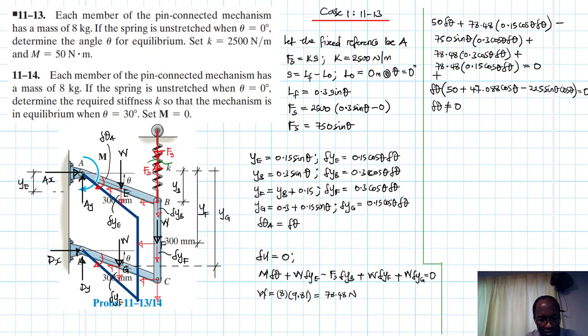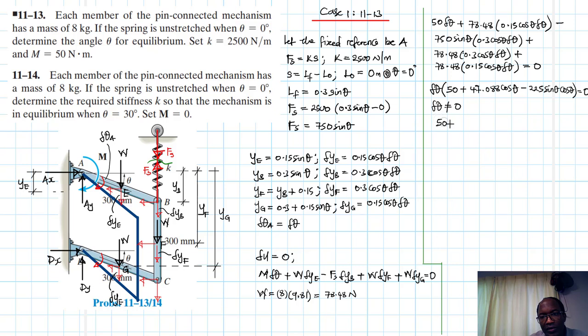Let me just go through this one again. 78.48 by 0.3 by 0.3 by 2, 47.088. Okay, it's fine. So then let's work on this part. We are going to use the numerical technique.